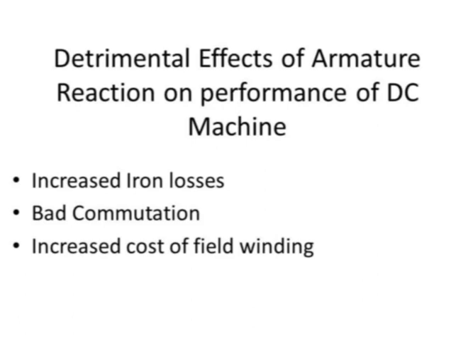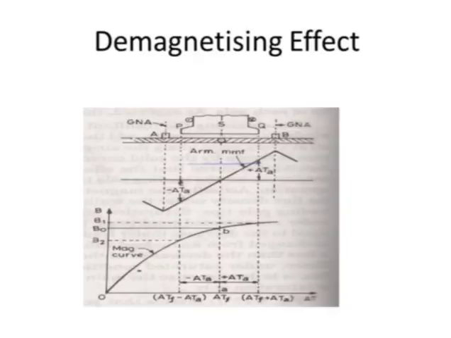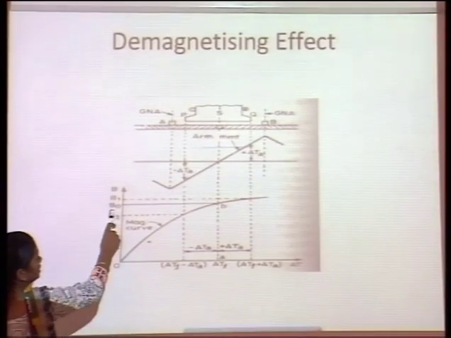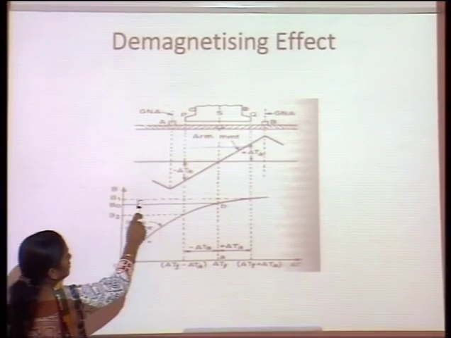As you know, the iron loss, which comprises hysteresis and eddy current loss, is proportional to the maximum flux density in the DC machine, in any type of machine. The maximum flux density is increased; earlier it was B0 and now it is B1.